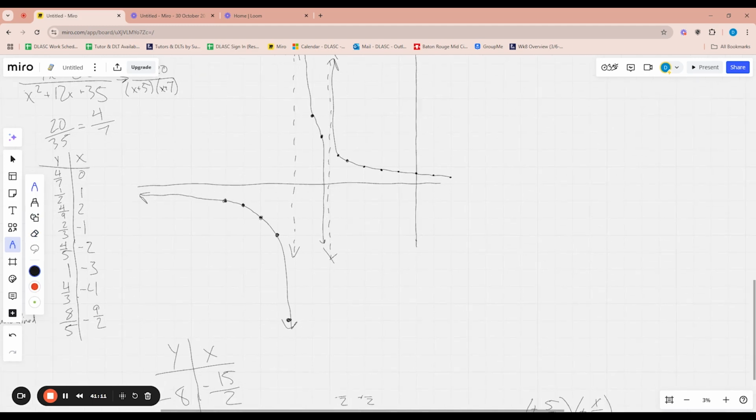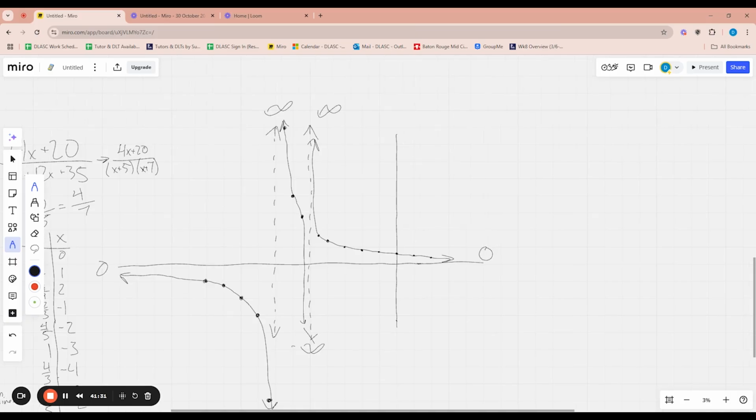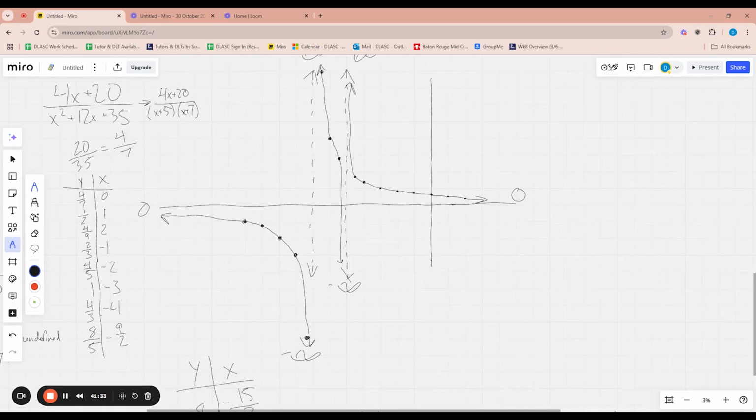Here, this moves towards negative infinity. Here, it moves towards negative infinity. And here, it moves towards infinity. And of course, on the sides here, these sides go towards 0. And that is graphing a rational equation.